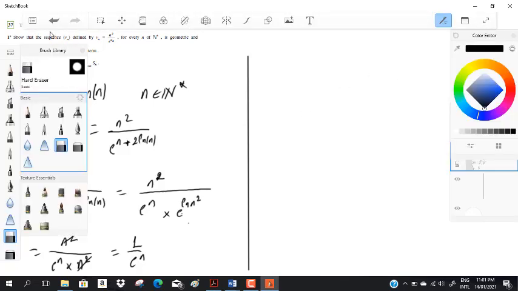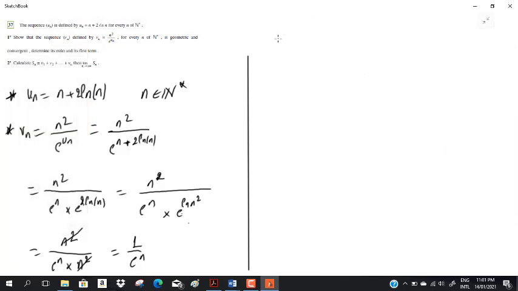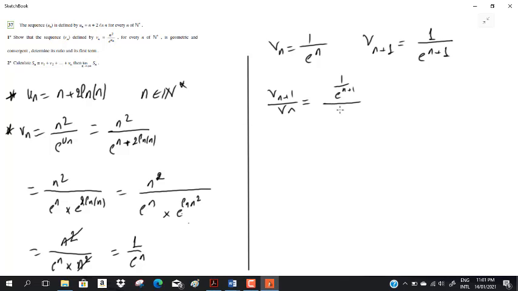Now I can show that Vn is a geometric sequence. I have Vn equal 1 over exponential of n. So Vn plus 1 equal 1 over exponential of n plus 1. I can calculate Vn plus 1 over Vn equal 1 over exponential of n plus 1 over 1 over exponential of n. I make this product equal exponential of n over exponential of n plus 1.